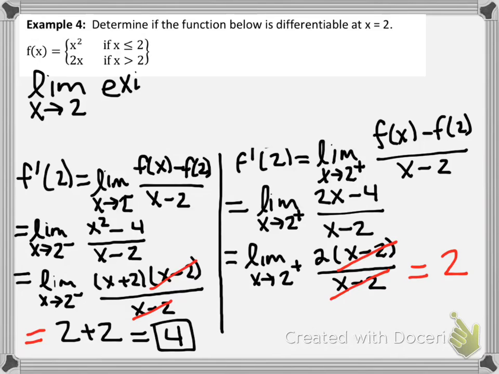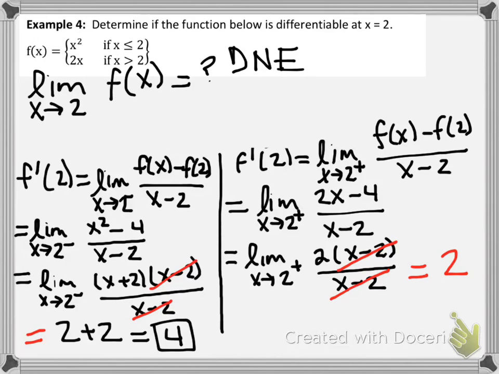Alright, so let me erase this. What I'm asking is, does the limit as x approaches 2 of f of x exist? Okay, well, the answer is no. It does not exist, because the left-hand side and right-hand side limits do not agree.